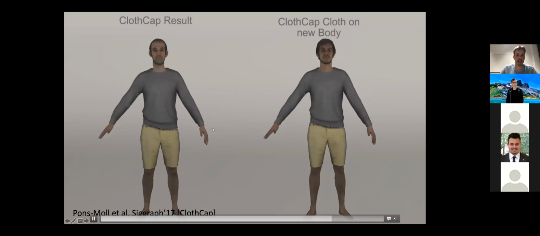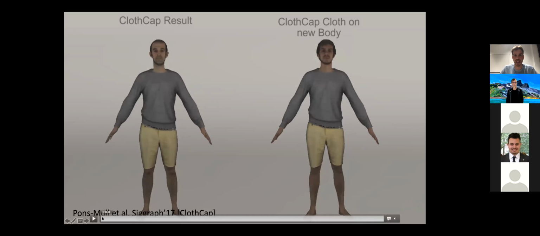The real sequence is on the left and the simulated one is on the right. It's simulated because this person, who is myself by the way, didn't have this clothing. This clothing was worn by Sergi. I never wore this clothing.